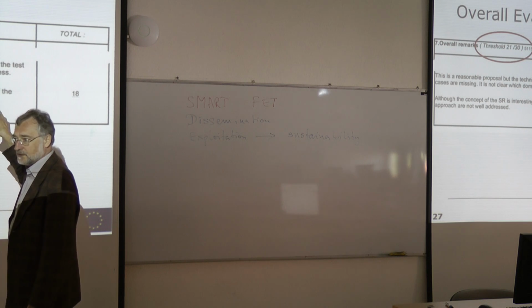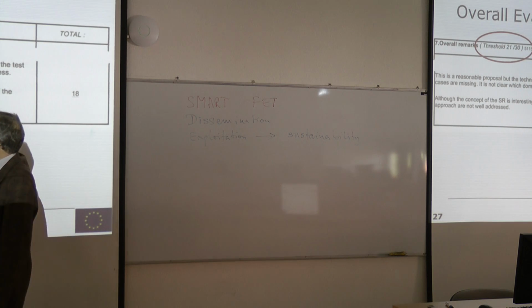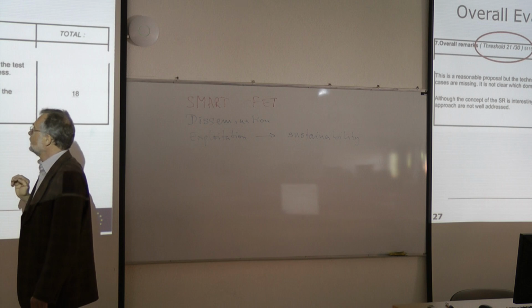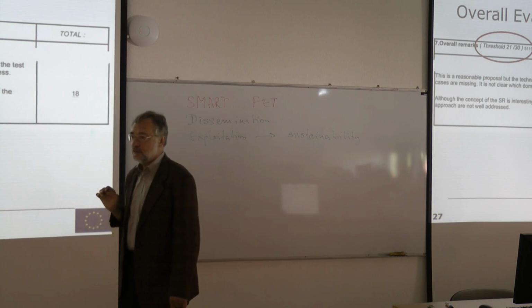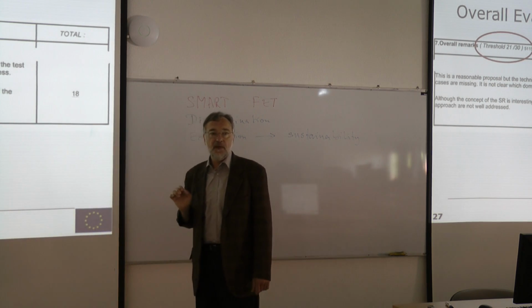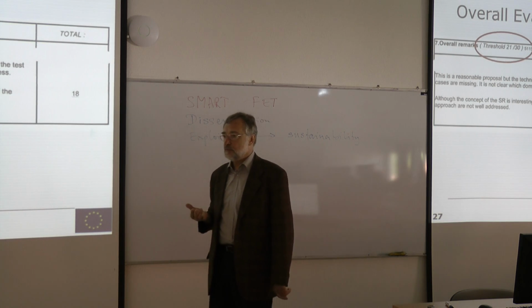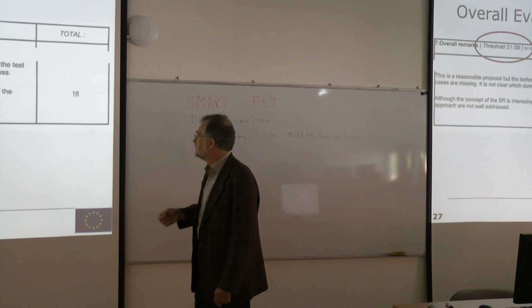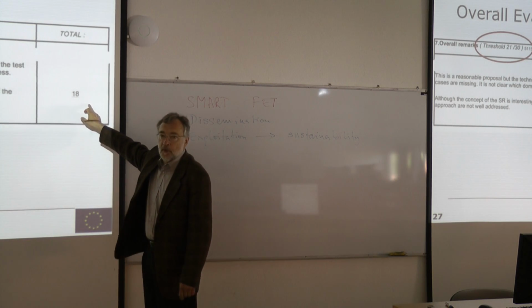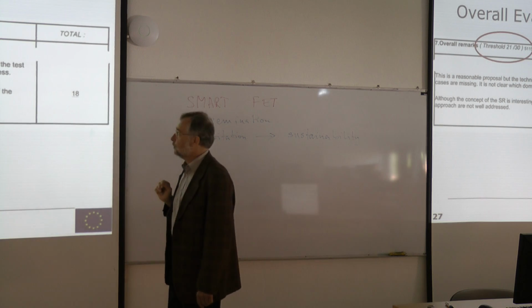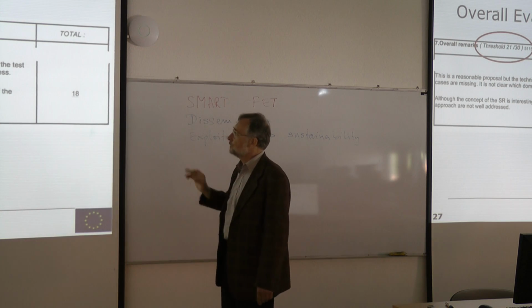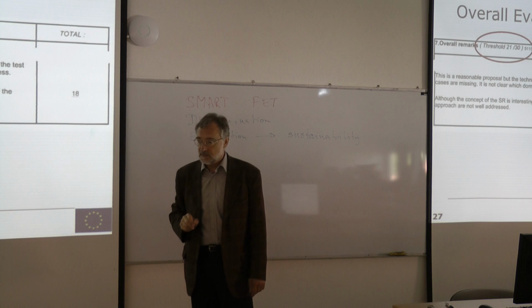Before you saw we had a maximum of 15, now we have a maximum of 30. Threshold is 21. This means the European Commission says, in order to be accepted for funding, you should have at least 21 points. Here we have 18 points. Well, overall not so bad, but there are a lot of bad elements in it, so this is rejected.